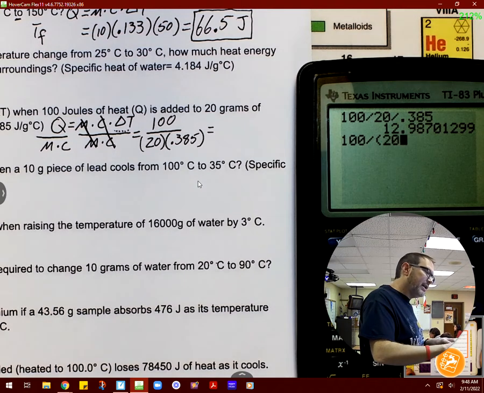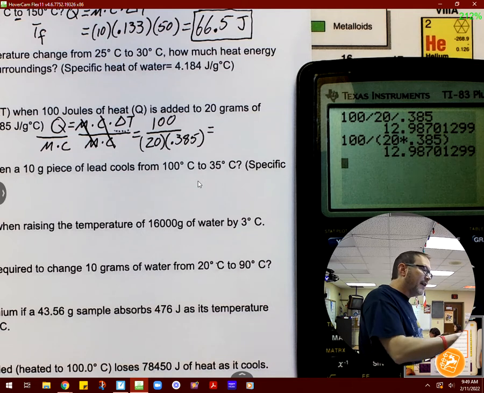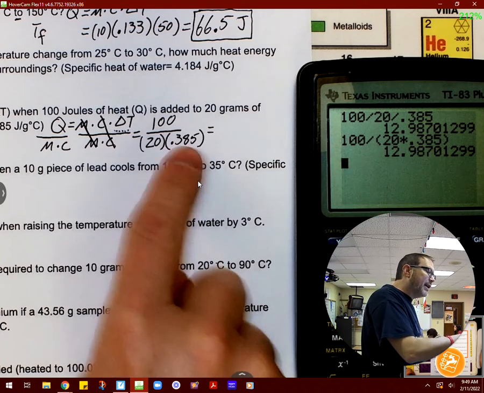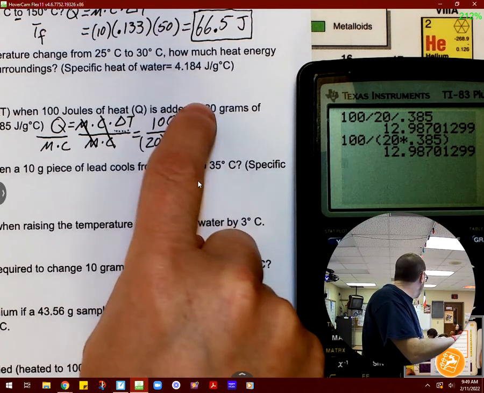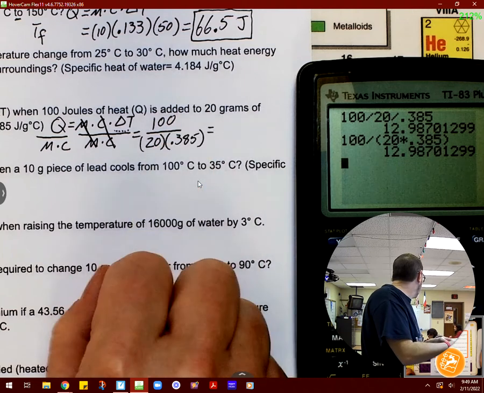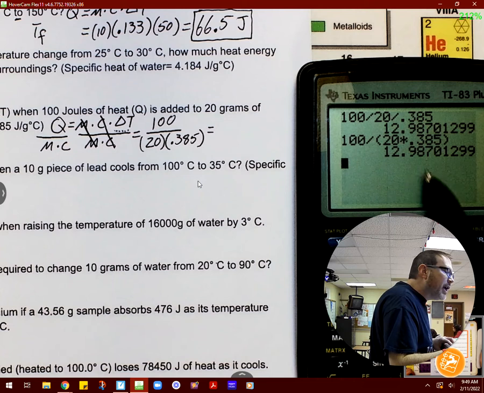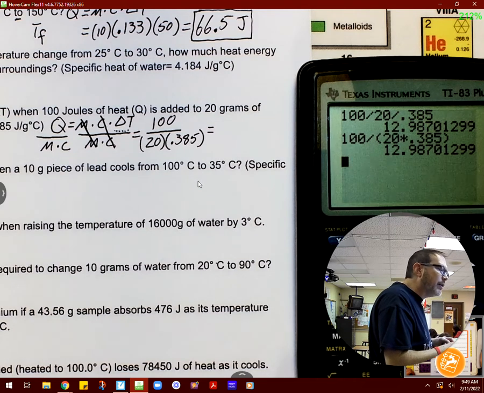So I can go 20 times 0.385, and it gives me the same answer. But you have to use parentheses if you multiply by that, because otherwise it's going to think that you're putting that up in the numerator, and it's going to give you the wrong answer. So whichever way you do it, I get 12 and a whole lot of change. So I'm going to round that out to a couple places. I'm going to call that 12.99.